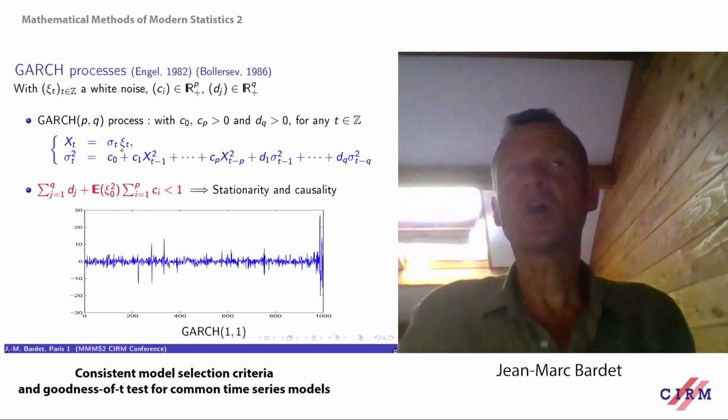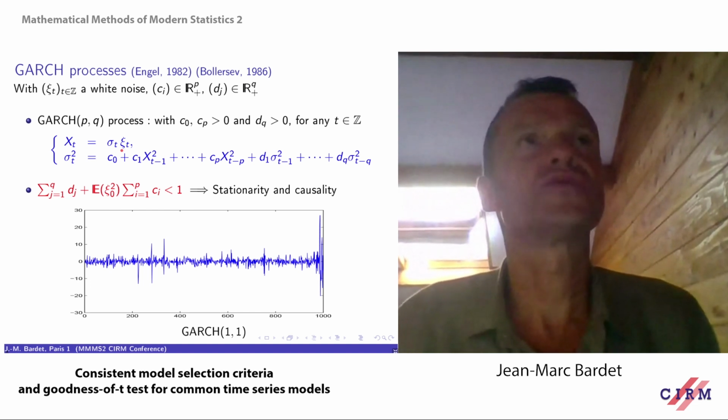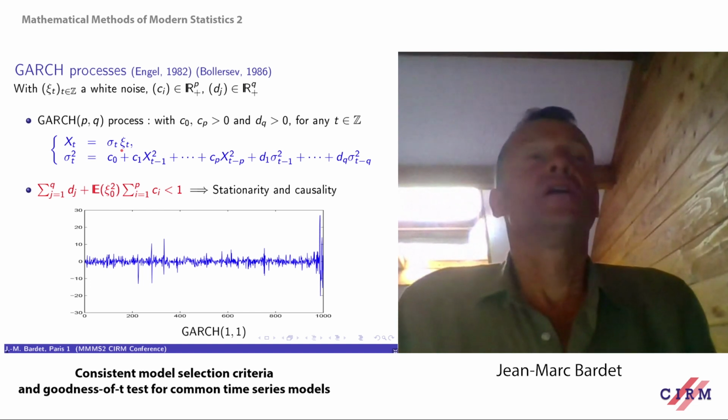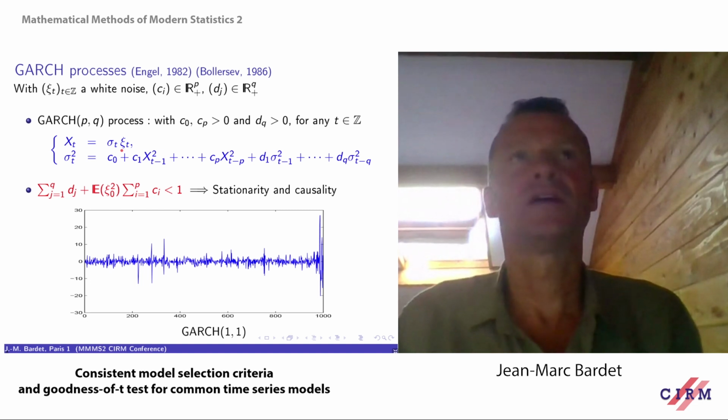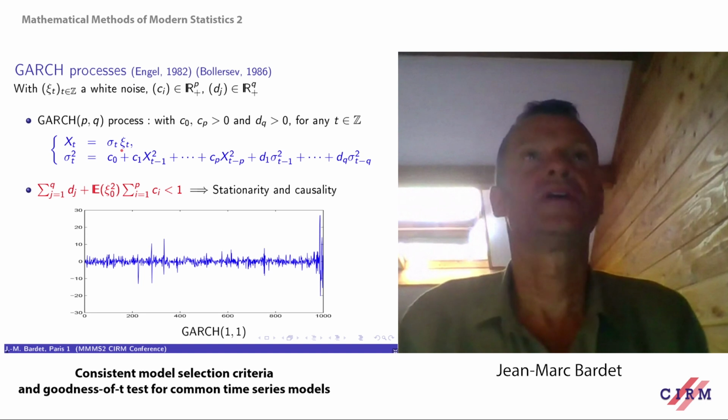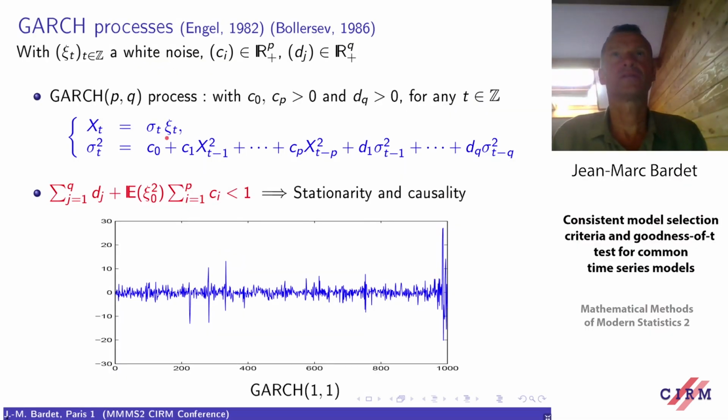That is, the variance of the process knowing the past is not a constant. When you consider an ARMA process, you do not have such a relation: the conditional variance is a constant for any t.